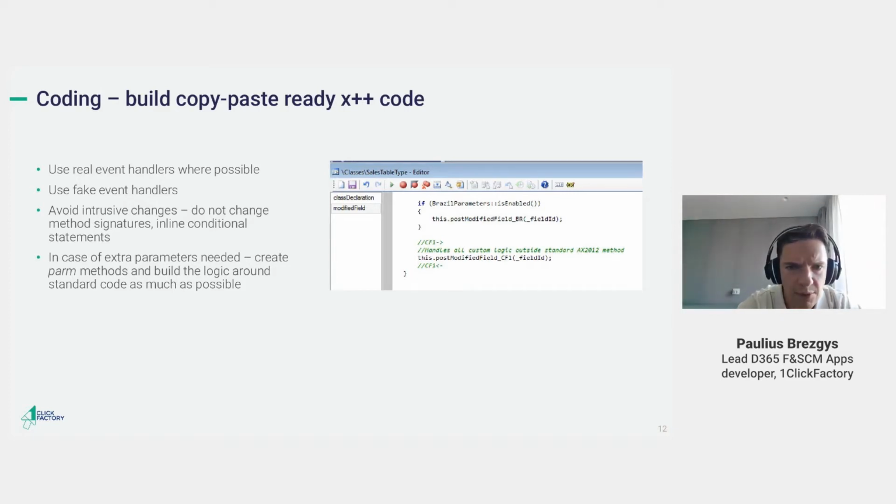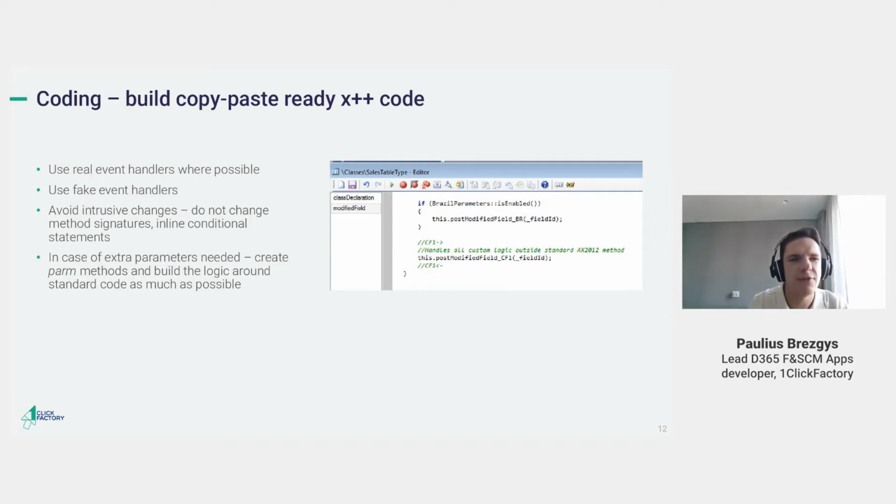I have a sample here. The idea behind the sample is that you can use something we call fake event handlers. In Dynamics 365, you will be relying on extensions on the standard code or chain of command.